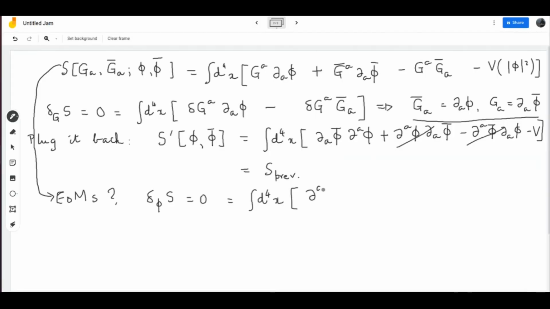We get del a delta phi, and nothing here. So we are going back to this action and making a variation with respect to phi. Nothing comes from here, nothing comes from here. From here, we get V prime of mod phi squared, phi star.